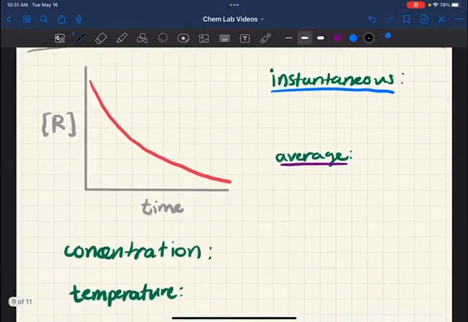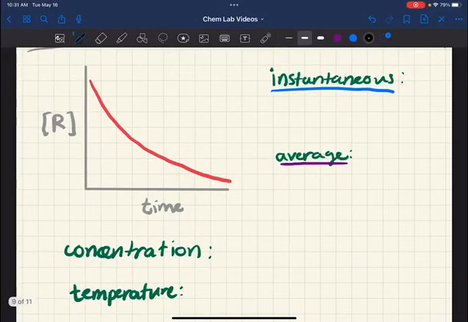So that's what is happening in solution, but let's get a little bit more theoretical about what rates are conceptually. And so we'll talk about instantaneous and average rates and what impacts the rate. So an instantaneous rate is really just any single point along this curve.